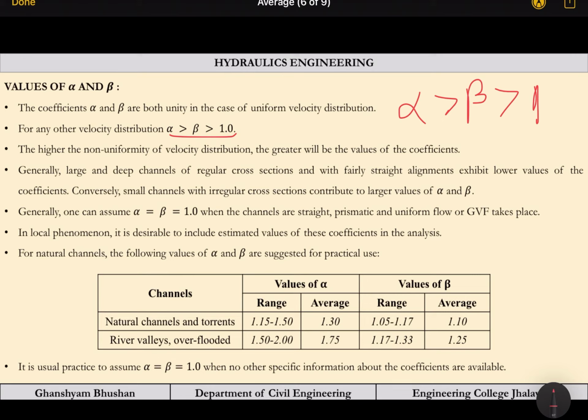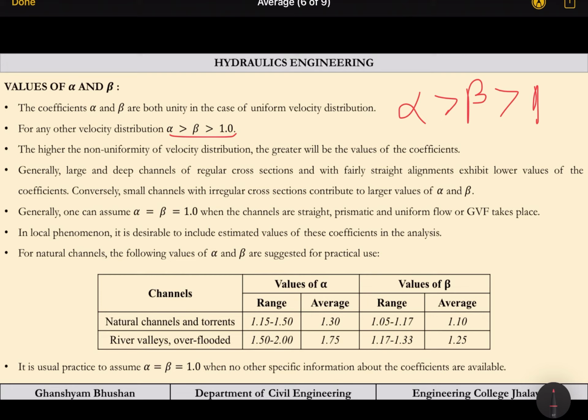So the higher the non-uniformity of the velocity distribution, the greater will be the values of the coefficients. If the velocity is very haphazard, varying enormously, then the values will be very high. And if they are closer to uniformity, the values will be less, or around equal to 1.